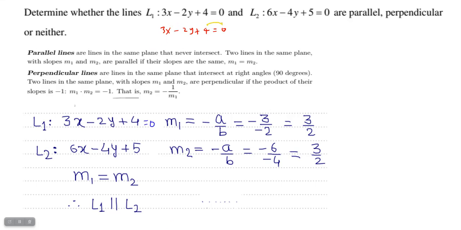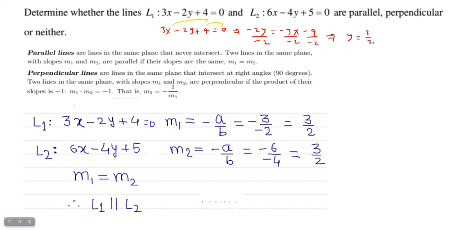So minus 2y will now be equal to minus 3x minus 4, and dividing this by negative 2, we have now the equation of the line in the form of the slope.